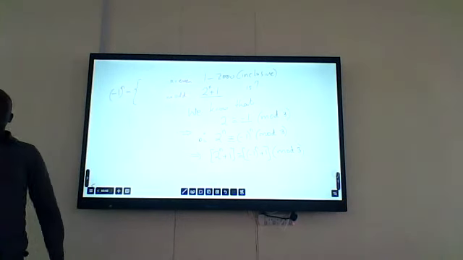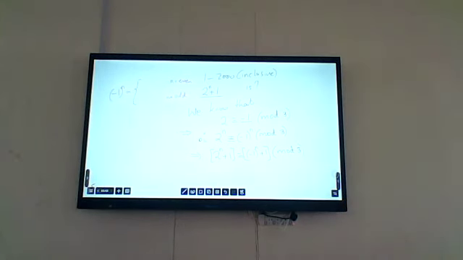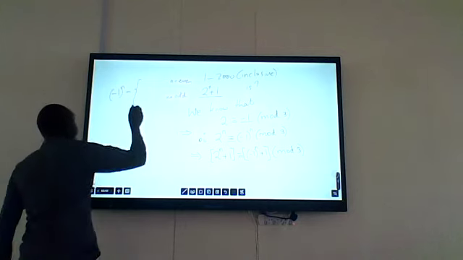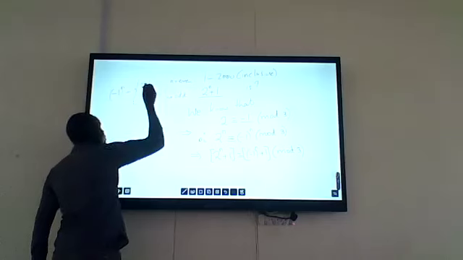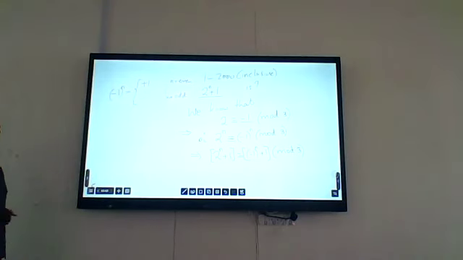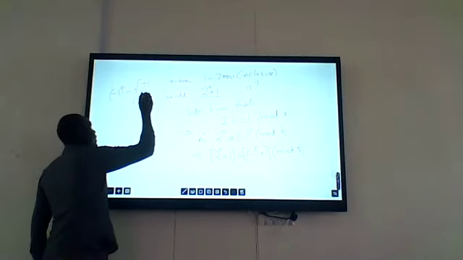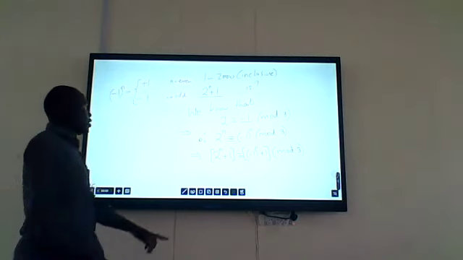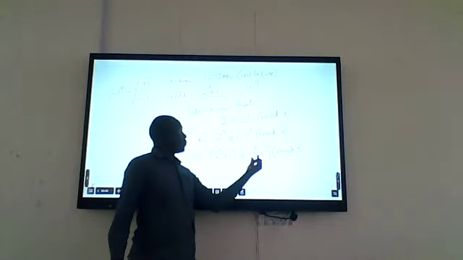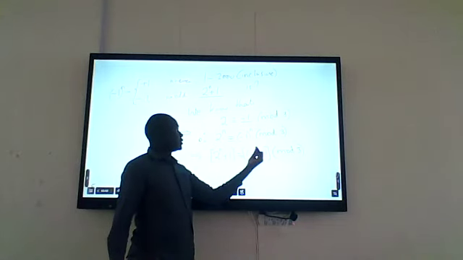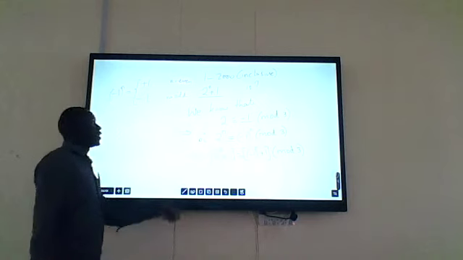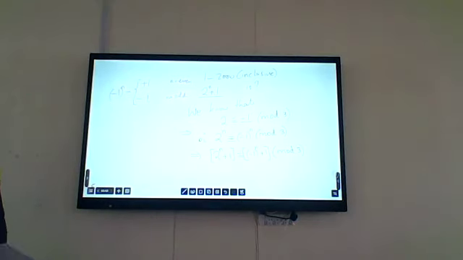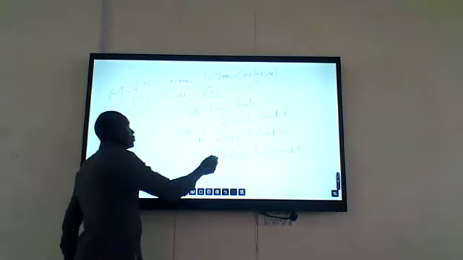So when n is even, negative 1 power n will be positive 1, or simply 1. And when it is odd, negative 1. So those are the two options. The value of minus 1 power n has two answers depending on whether n is even or odd. So then there are two cases here.